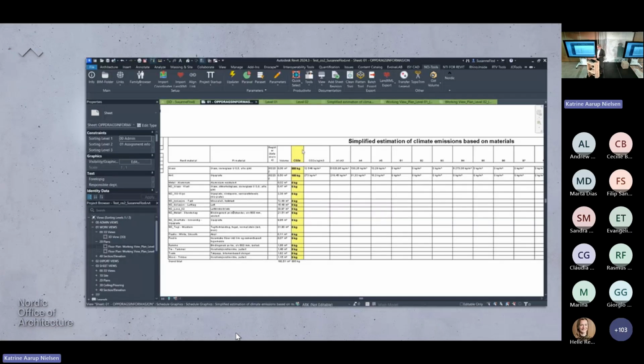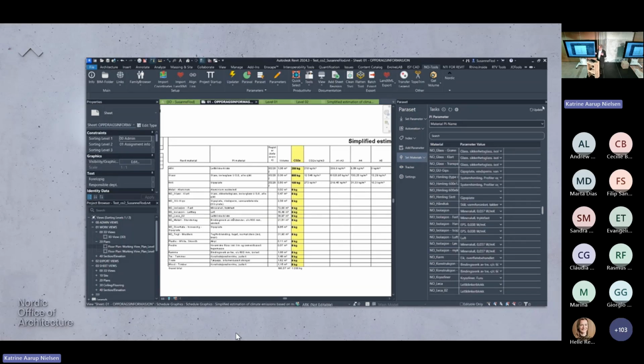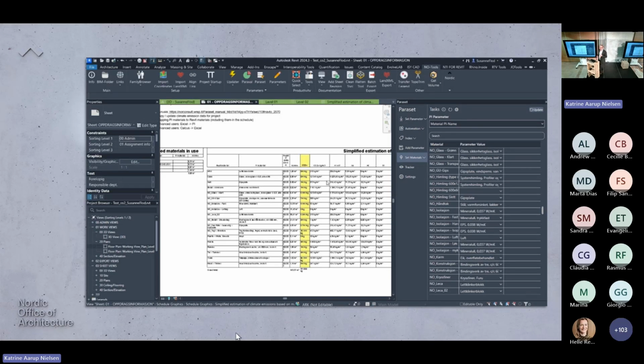What we did was, we're part of the Nordic group, and they have huge databases. And we coupled these databases with Revit and made it very easy to map the different materials with the CO2 equivalents mapped to specific building elements so that we get this automated, which is obviously very, very important.